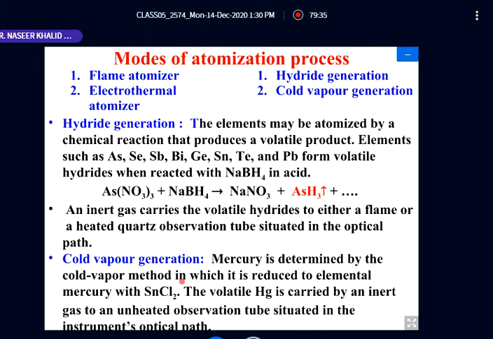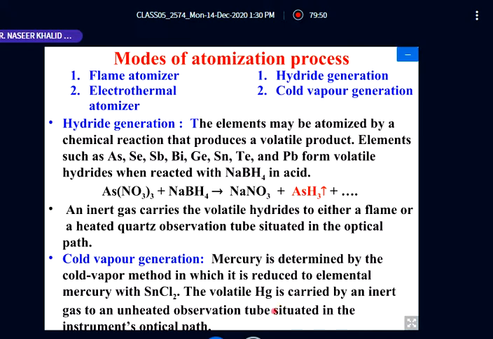Here, in order to get mercury, we can reduce it to the elemental form with the help of a chemical reaction, using stannous chloride.